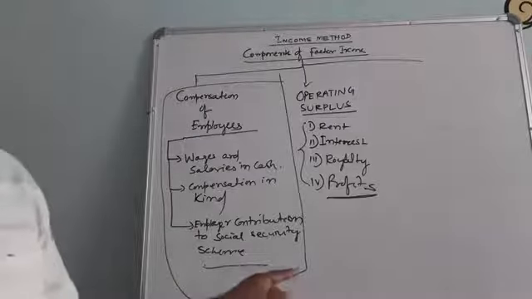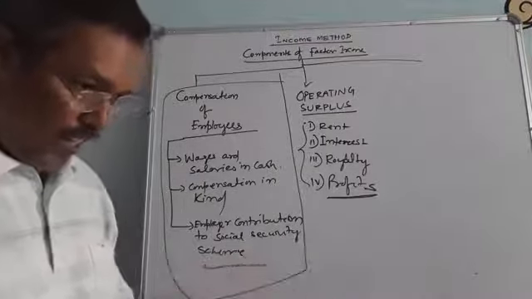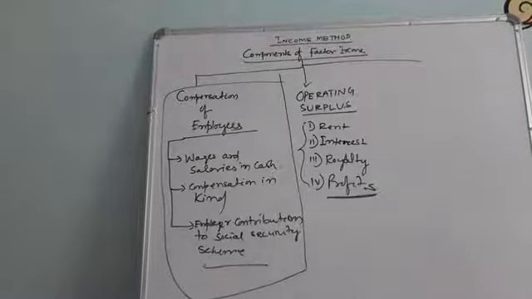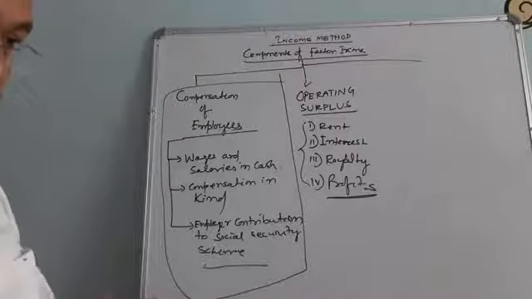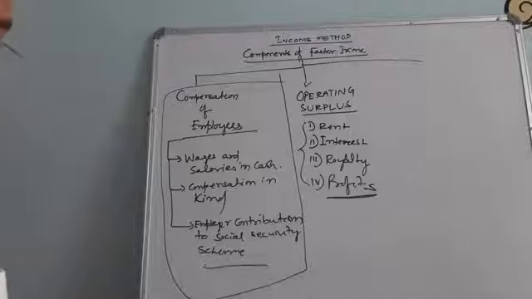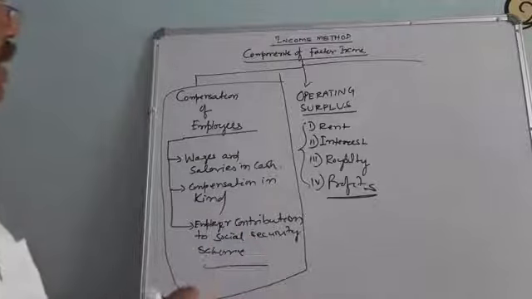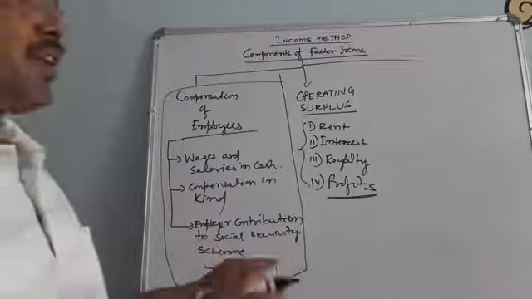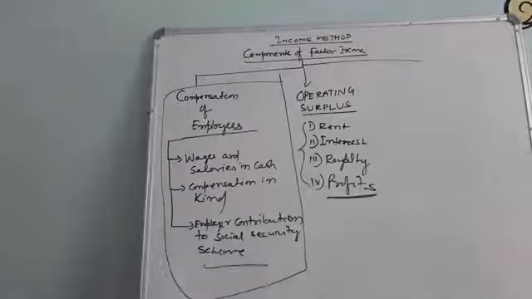Whenever these three factors of production, land, labor, capital, are coordinated by the entrepreneur, the entrepreneur produces the product, so that after paying all this rent, interest, wages and salaries, the remaining portion, the residual portion, is called profits.